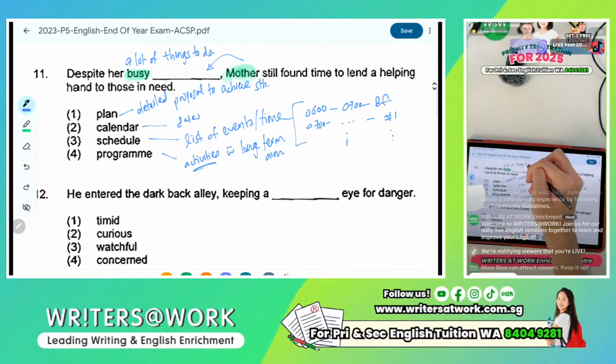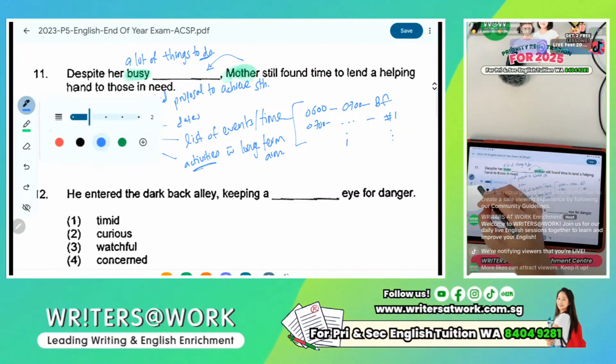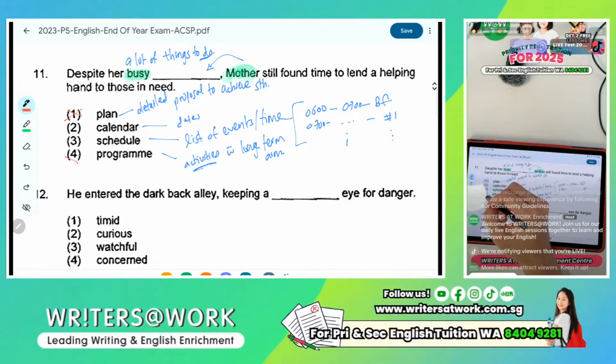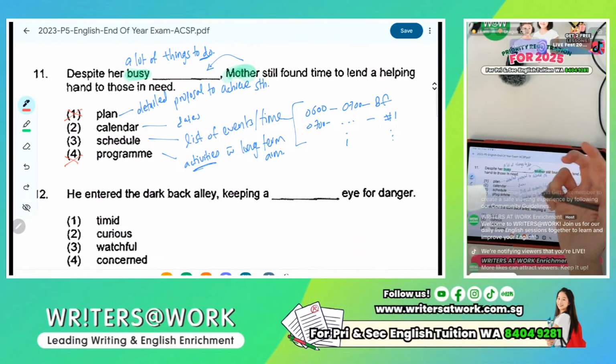Because over here, busy means that there's a lot of activities ongoing, but there wasn't any aim that is specified. So usually option 1 and option 4 will be eliminated. We are also not interested in just calendar or dates. So in this case, the closest option we have is schedule, which is number 3. Okay, so good job, Hwa Yi.